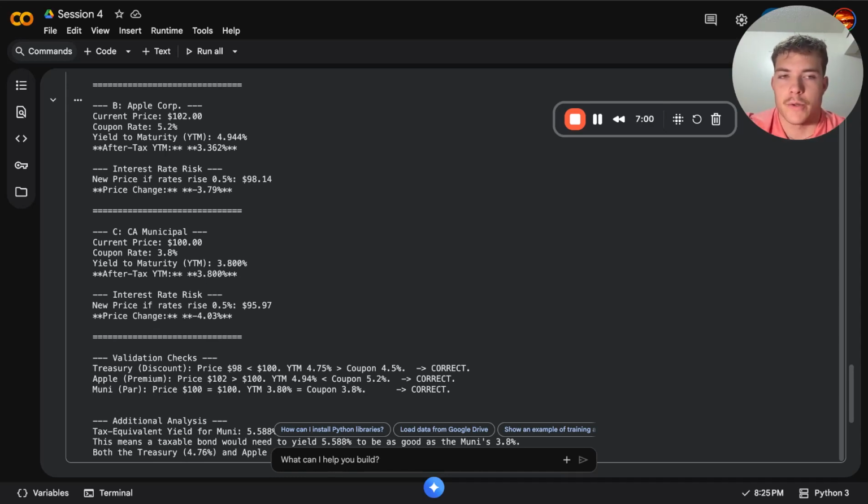And next, we'll go into timing. This is how we're managing the conflicting signal. We advise that the client doesn't fully invest the 500 grand today. We want to ladder or dollar cost average the investment. A prudent strategy would be to invest 200K now in the 70-30 split that we mentioned to start generating income.